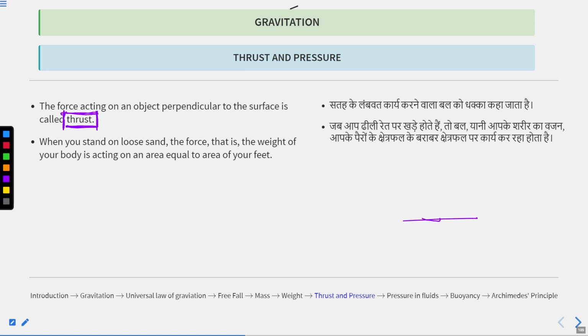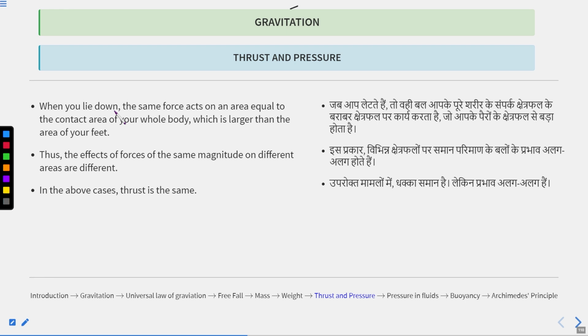The contact area between sand and your body is your feet. So you are applying force perpendicular to the surface, and your surface area is equal to the area of your feet.